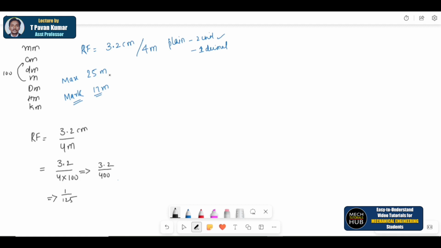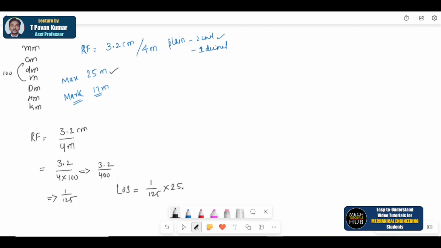Maximum length given is 25. If the maximum length given is 25, now we need to divide the length of the scale into 25 parts. So we'll see the tricky point here. Length of the scale I am calculating, which is RF multiplied by maximum length. Maximum length is 25 meters.